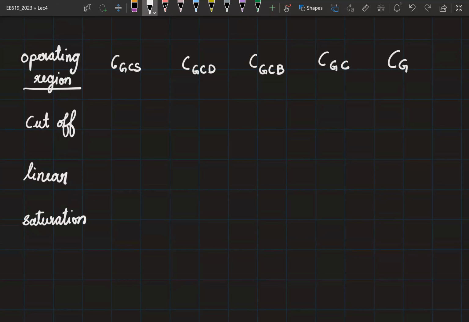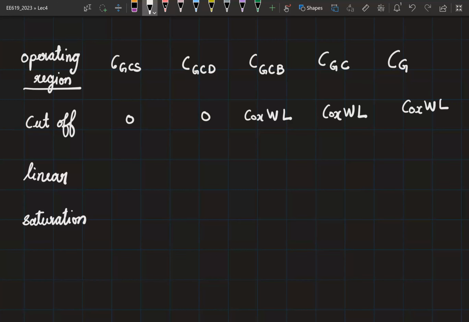Under cutoff region, what is the value? What is the value? 0, 0. It's COX into W into L. So the total gate to channel capacitance is now COX into W into L. Can you tell me the total capacitance seen at the gate?